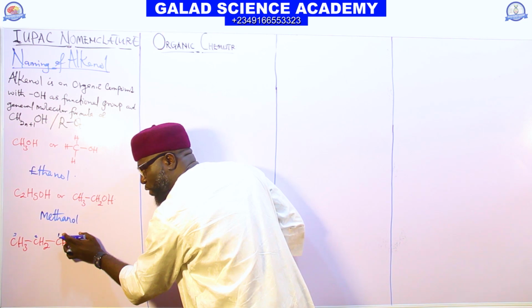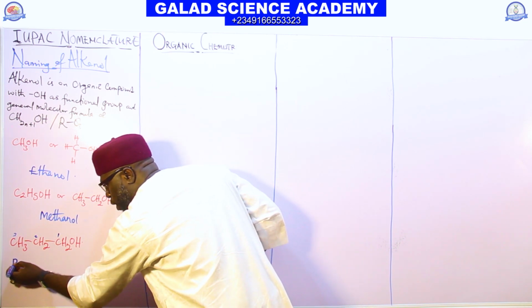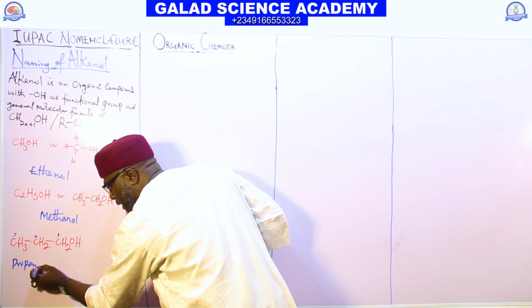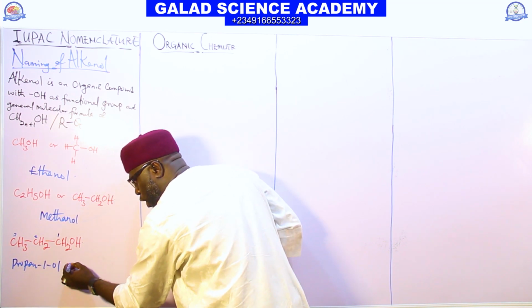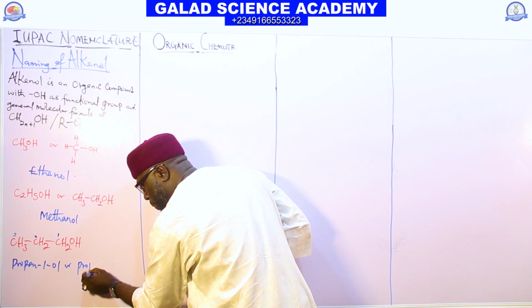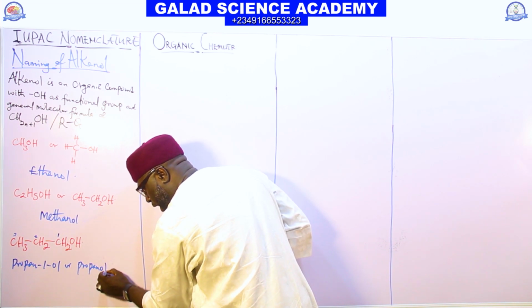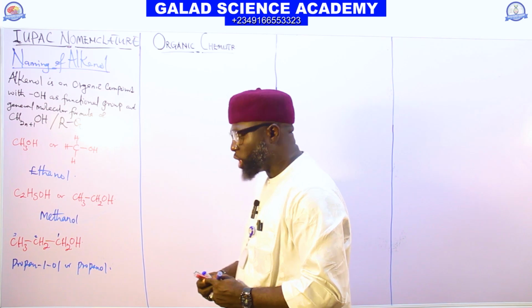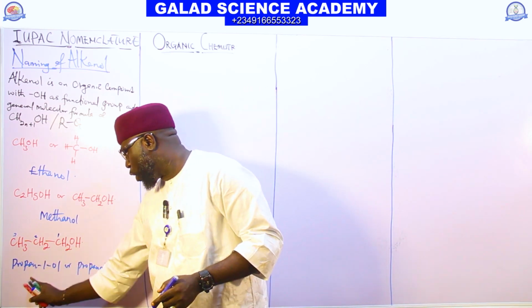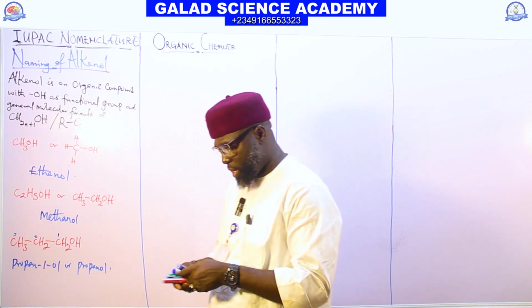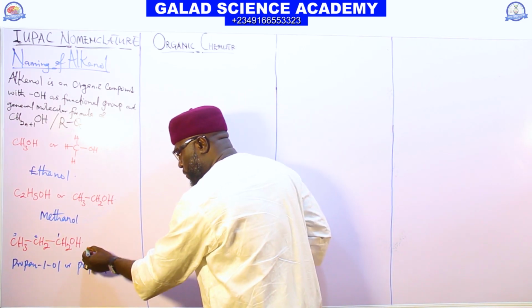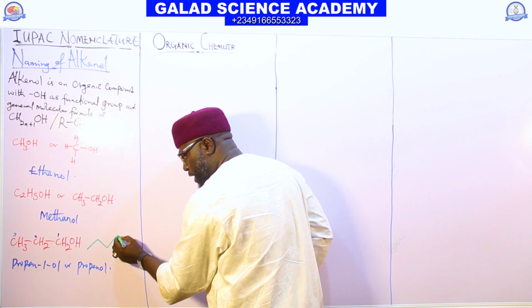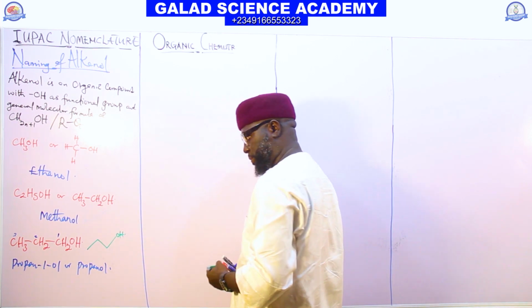But the OH at first carbon here, you call it propan-1-ol or propanol, the same thing, because prop means 3, ol is OH. But in form of bond line, you can have it in this form: 1, 2, 3, and they will put OH here.